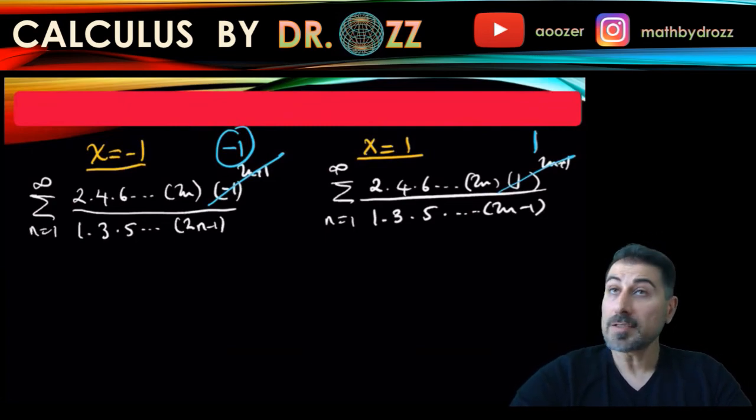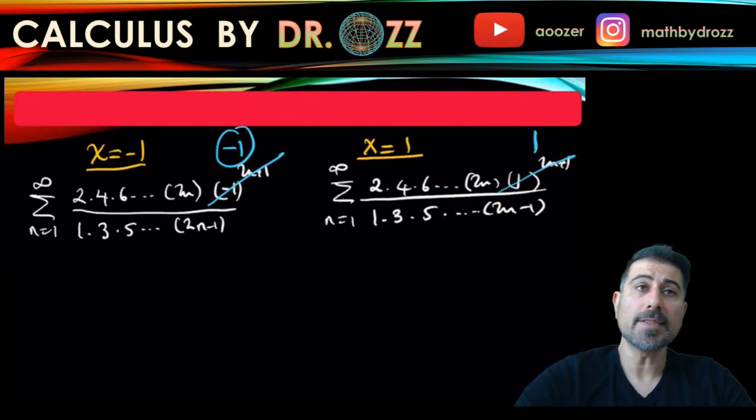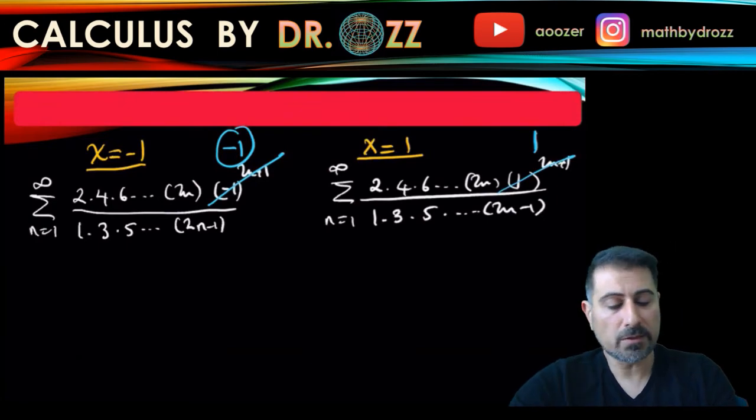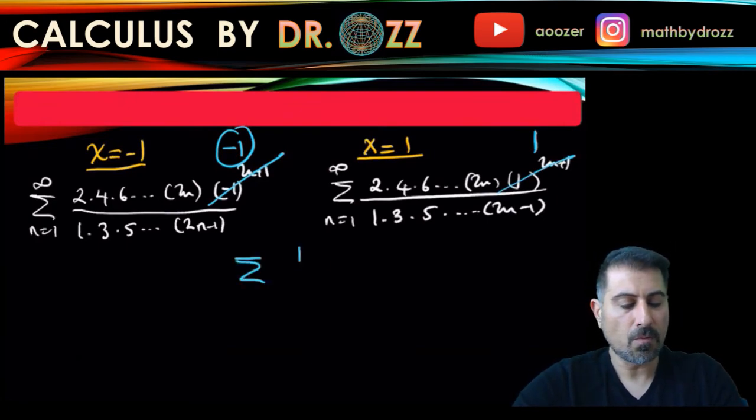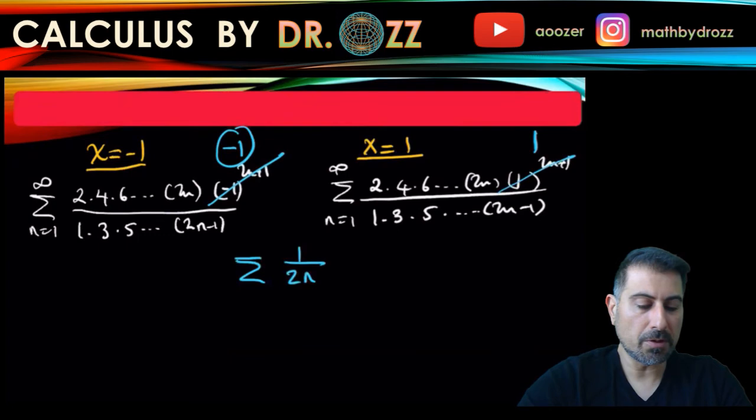So now you can pause the video and start thinking about what test we can apply for the series. I can tell you that the nth term test would be a good one to start with, or you can compare both series to the series 1 over 2n plus 1.